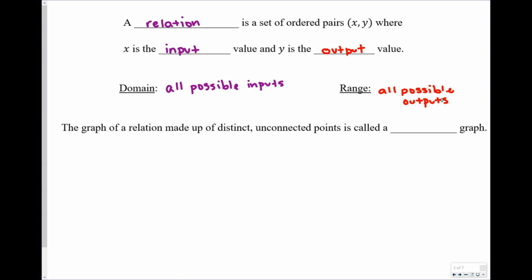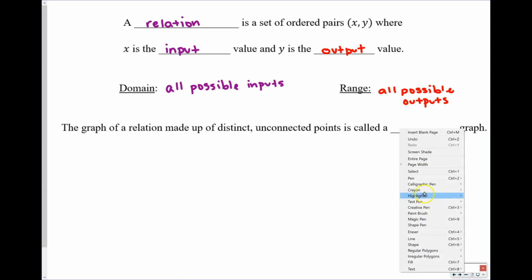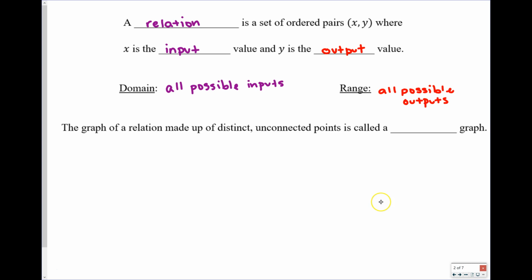The last piece of language we're going to talk about in this learning target, and I'm giving them to you all up front, boom, all the vocabulary we need, is what a graph of a relationship might look like. In this learning target, we're going to talk about discrete relationships.